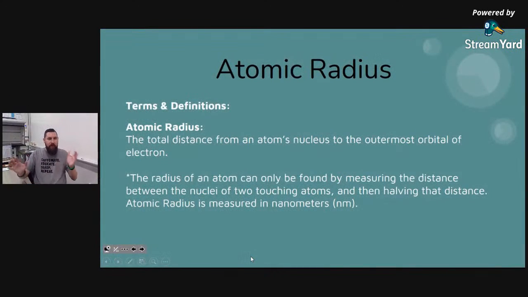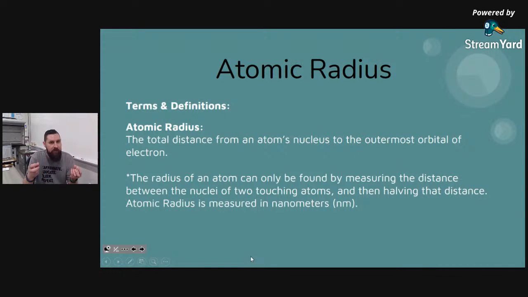So the first trend that we're talking about is atomic radius. This is the #1 trend of all the trends, the reason being that all the other trends are based on atomic radius. As we look at how the radius changes, using Coulomb's law, we calculate a new force of attraction between the nucleus and those electrons.